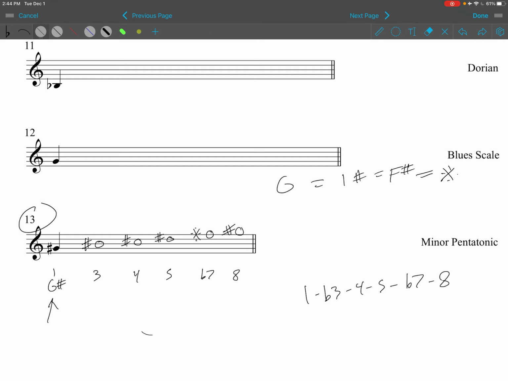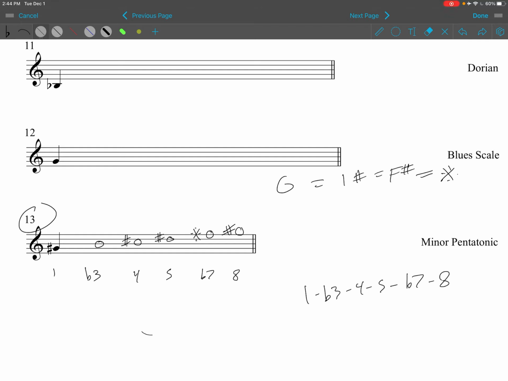Okay, now I just go through and put in my formula, which will be super easy. Okay, so 1 stays the same, 3 stays the same, 4 stays the same. Oh, wait, sorry, this is flat 3. 3 is flatted, so if I have a B sharp, that's going to get lowered into a natural, so I'm just going to erase it, but you can put a natural if you want. Okay, 4 is good, 5 is good.